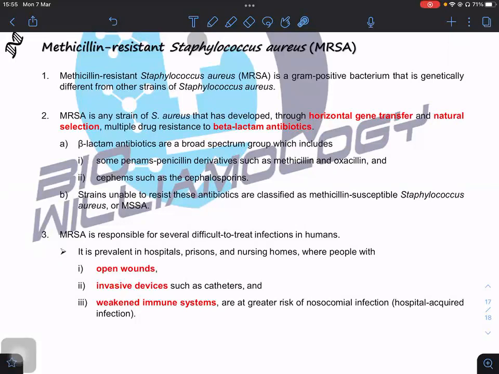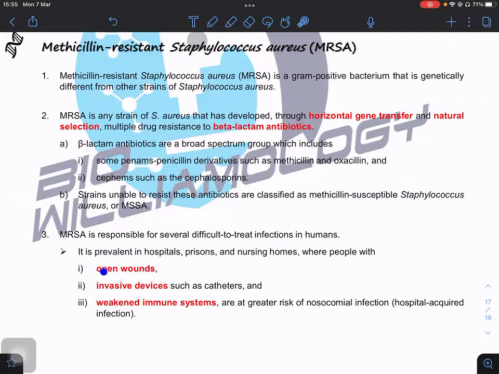Are you clear? Strains unable to resist these antibiotics are classified as methicillin-susceptible Staphylococcus aureus, called MSSA, not MRSA. Unable to resist is called susceptible, correct? MSSA. MRSA means resistant.